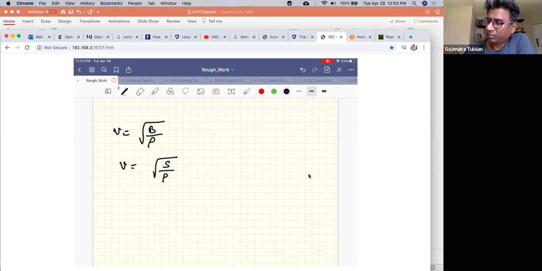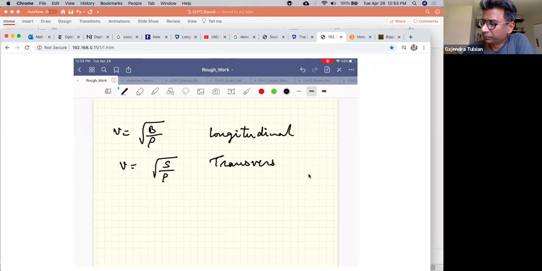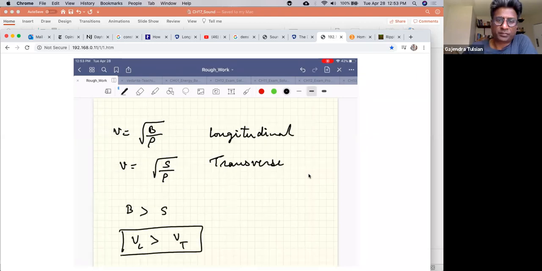This is for longitudinal waves, and this is for transverse waves. It turns out that the bulk modulus generally is greater than the shear modulus, so the velocity of longitudinal waves is greater than the velocity of transverse waves.